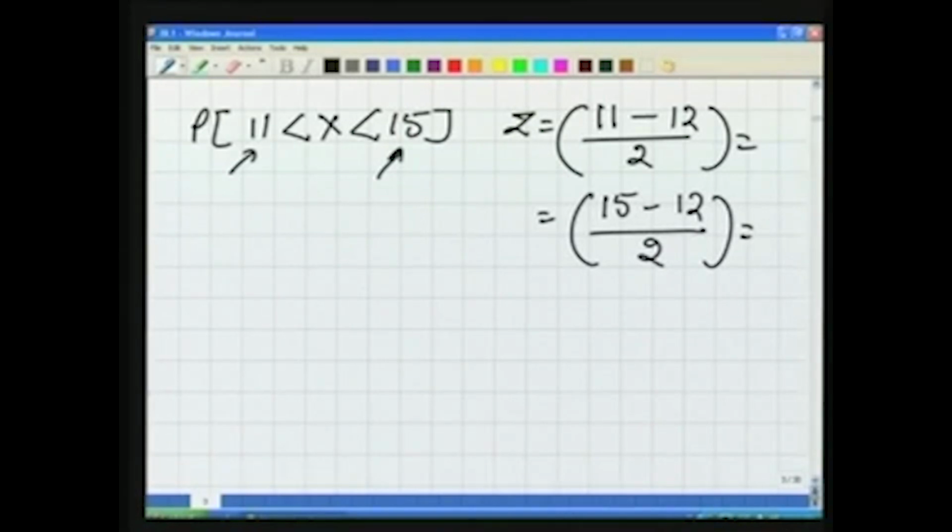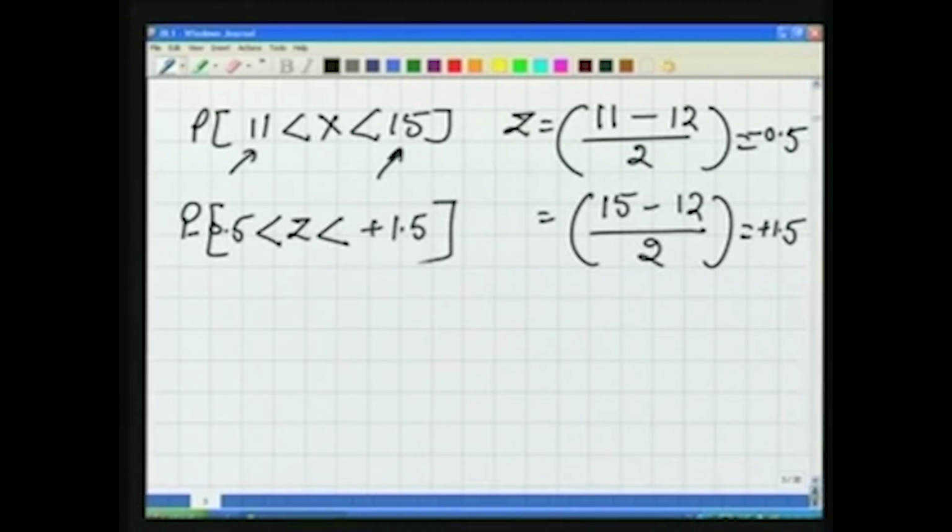So, these corresponding values are minus 0.5 and here plus 1.5. So, what are we looking for? This particular probability is the same as the probability that our standard normal variable is more than minus 0.5 and less than plus 1.5.